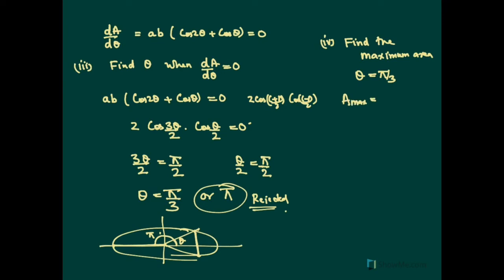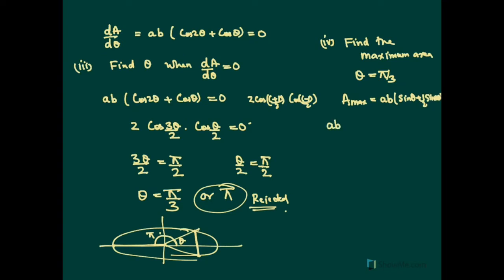So A max is, substitute, AB into bracket. Now if you recollect, it was sine theta plus half sine 2 theta. So sine theta would be sine pi by 3, sine pi by 3 plus half into sine 2 pi by 3.